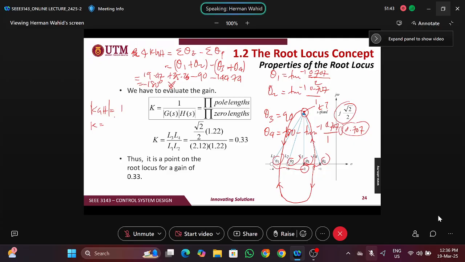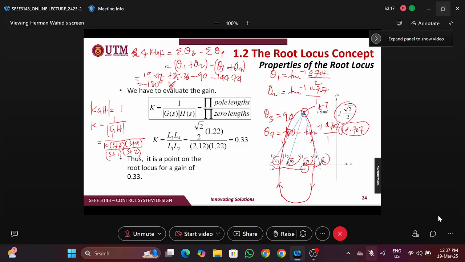We can calculate 1 over GH, and previously we have GH is equal to 1 over K times S plus 4 divided by S plus 1, S plus 2.